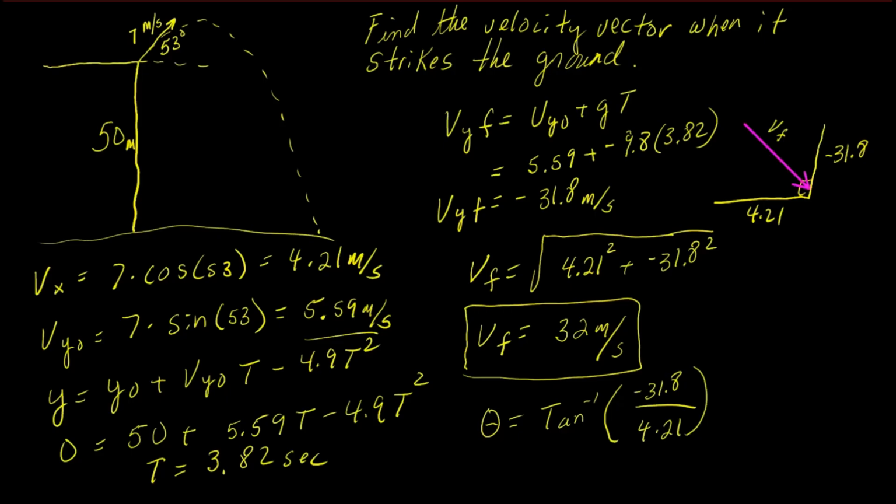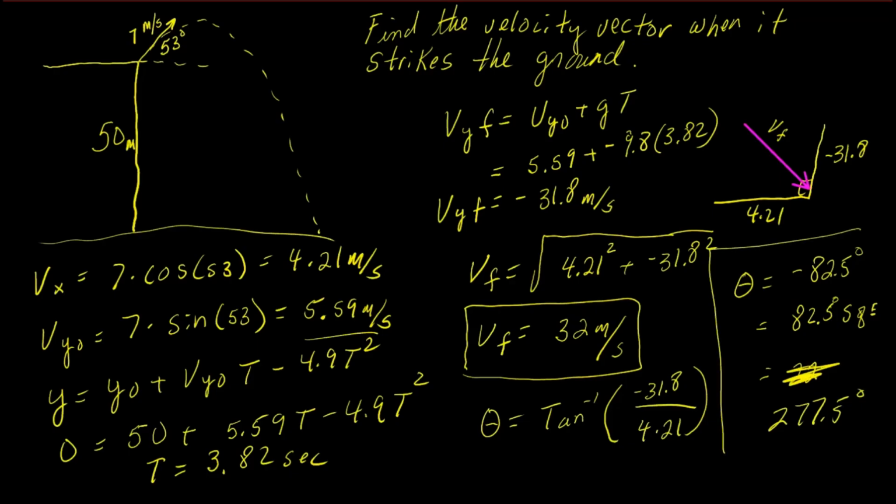So my angle here is negative 82.5 degrees, which is the same thing as 82.5 degrees south of east, 277.5 degrees. So I have my vector is 32 meters per second at 277.5 degrees.